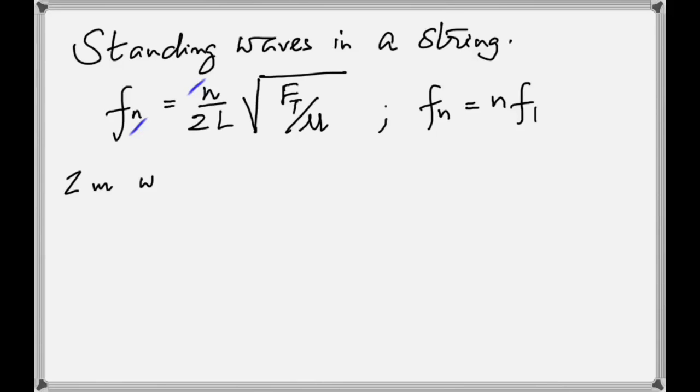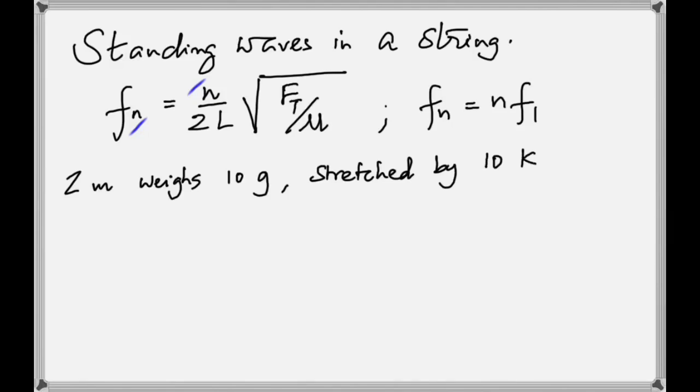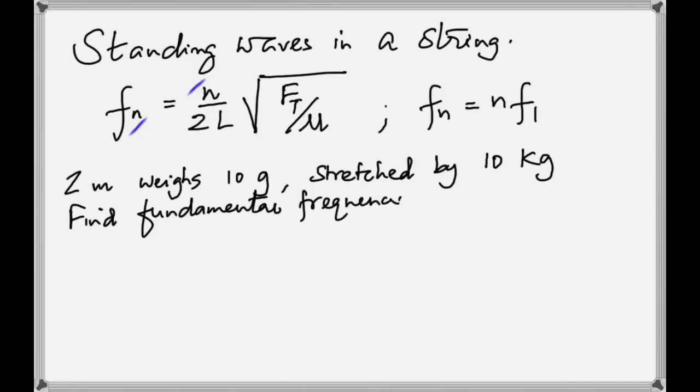So here is an example. If you're considering that 2 meters of a string weighs 10 grams, and this string is stretched by a mass of 10 kilograms, how could we find the fundamental frequency of 1 meter of the string that is stretched?